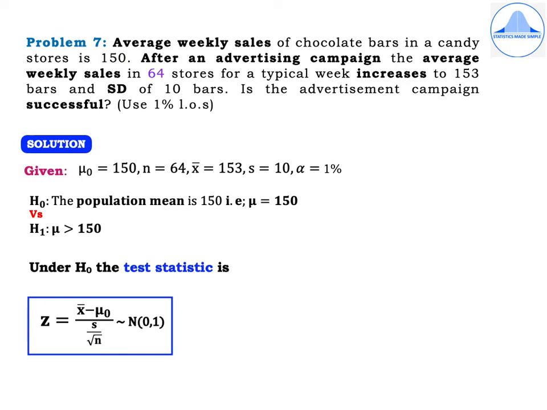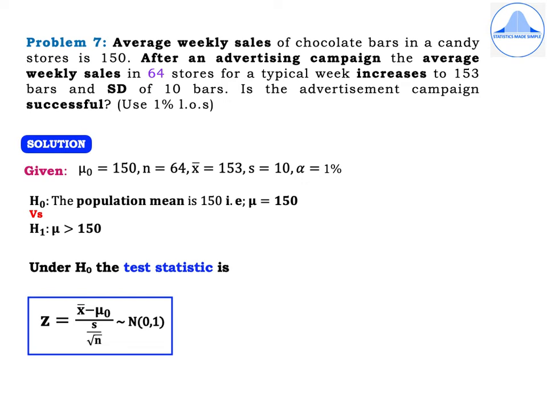From the next sentence, we obtain n equal to 64, and the average and standard deviation of the sample are also given, which is x bar is equal to 153 and s is equal to 10. Alpha is equal to 1%.